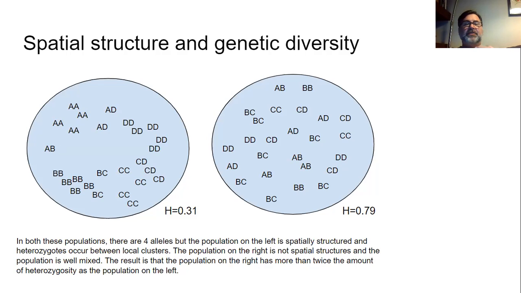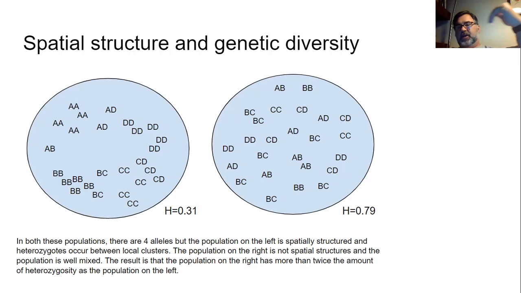This arises even though I kept allelic diversity the same, so this species in both scenarios has four different alleles, A, B, C, D. What you get is spatial organization on the left, and that can actually erode genetic variation.